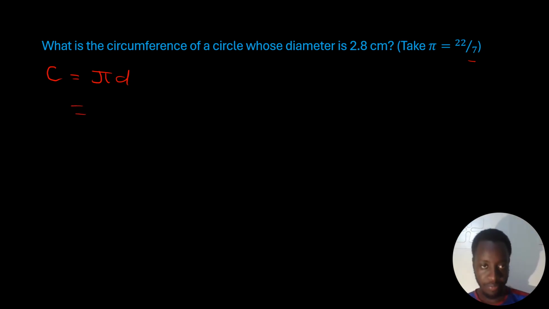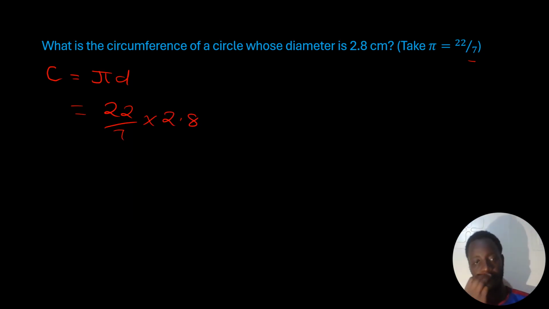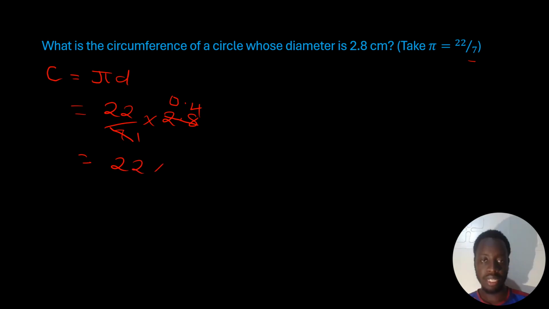So it's equal to 22/7 times 2.8. We can cancel the 7 here, 1 here, and get 0.4. So we have 22 times 0.4.